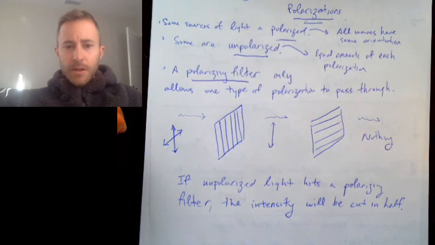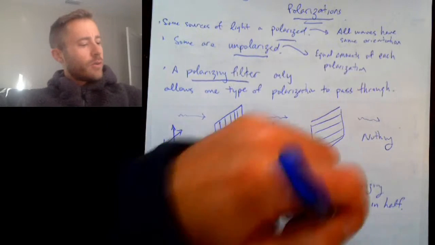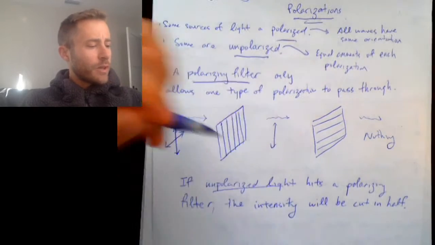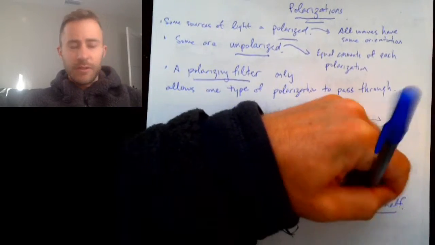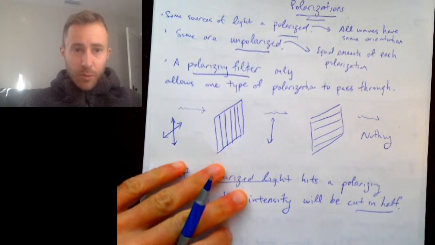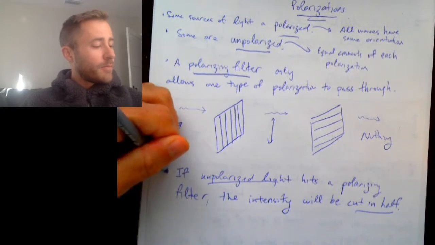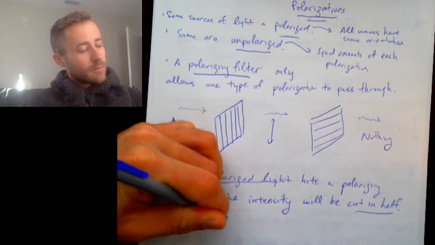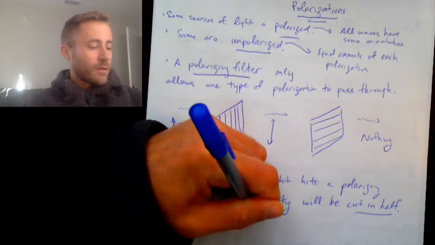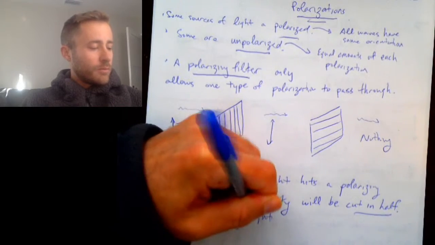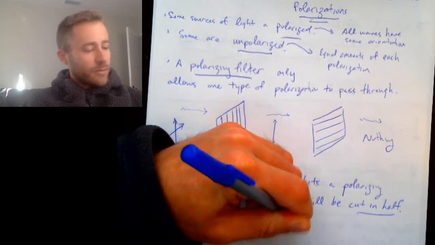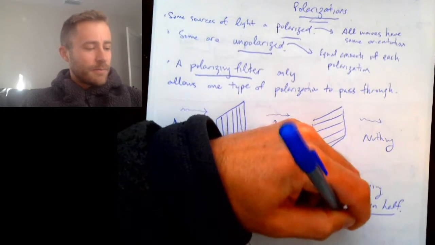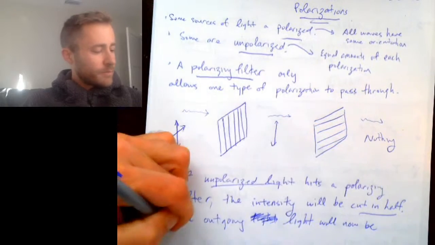Okay. So that's important. If unpolarized light hits a polarizing filter, the intensity will be cut in half. And furthermore, the outgoing light will now be polarized.